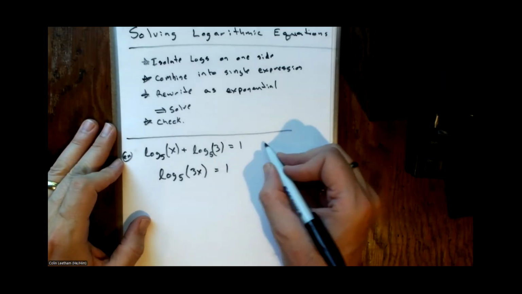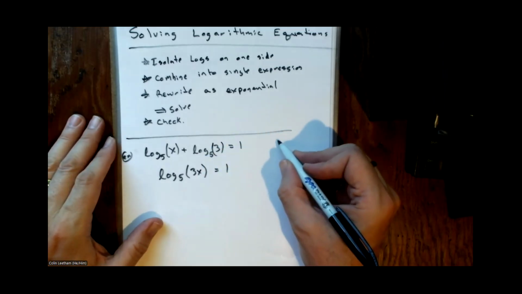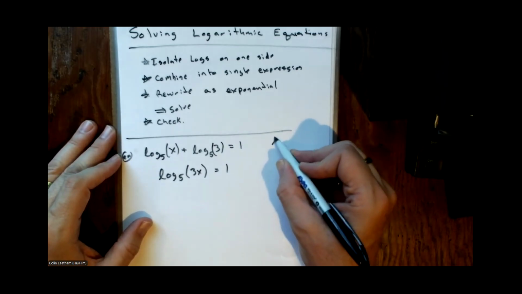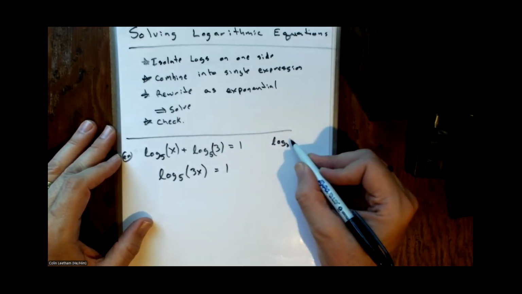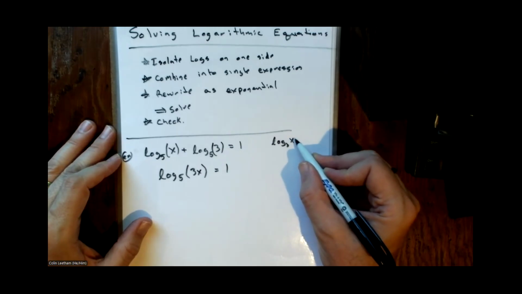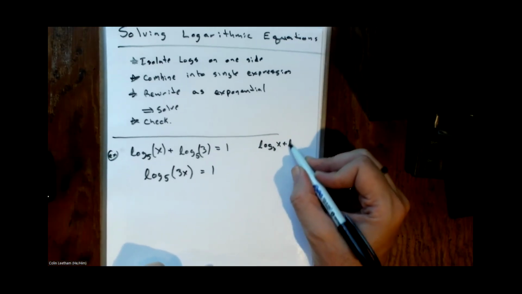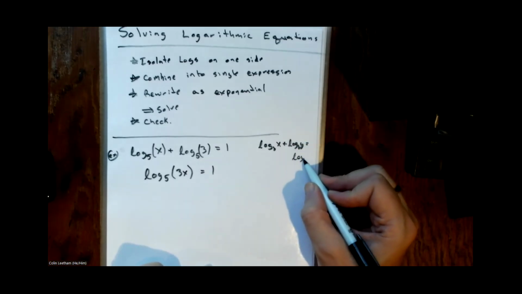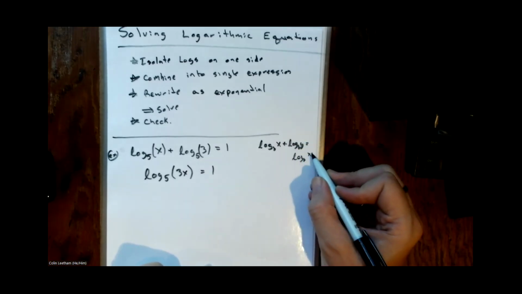So this property was that log base b of x plus log base b of y is equal to log base b of xy.